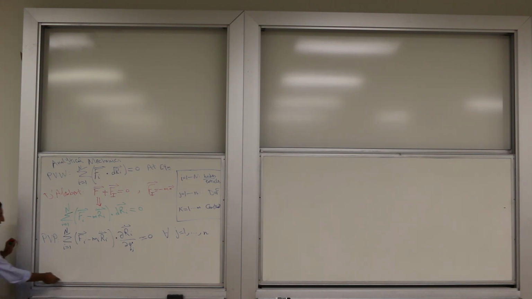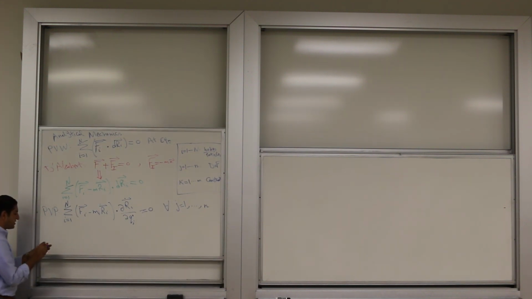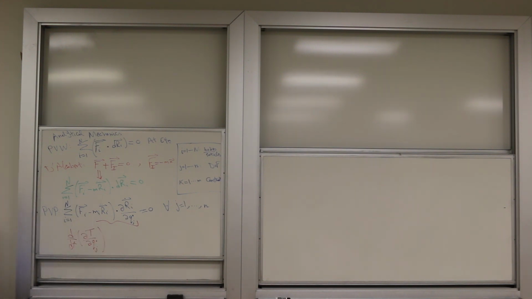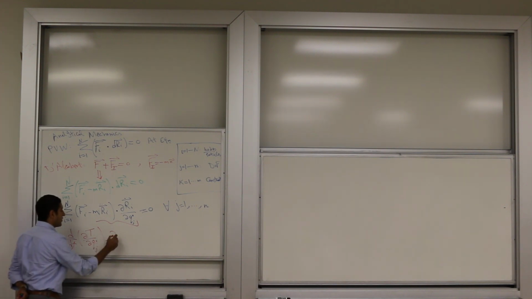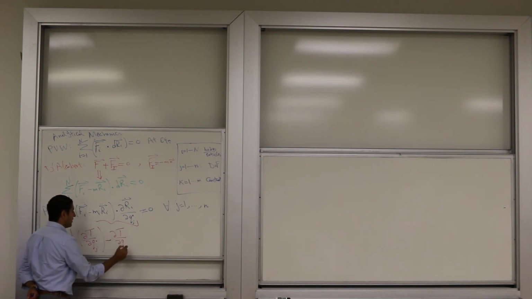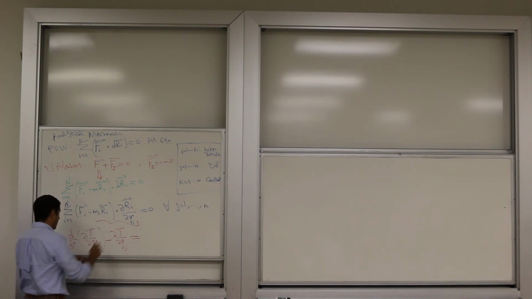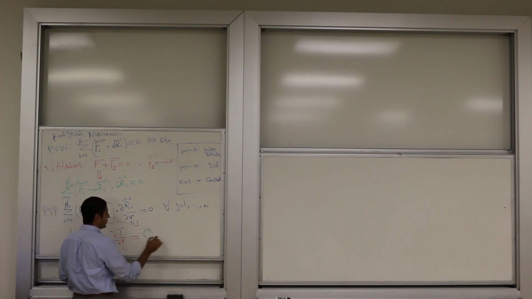This is what we arrived at, and then we said, you know what, just by integration by parts, magically we turn this term into this very simple term, d/dt of partial T, partial q j dot, where T is your total kinetic energy, minus partial T, partial qj, equal, the right-hand side is the force dotted with the velocity coefficient, which we call Qj.